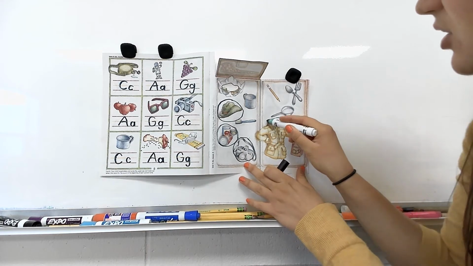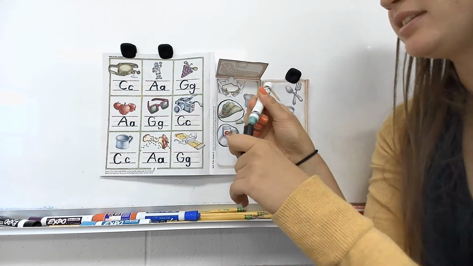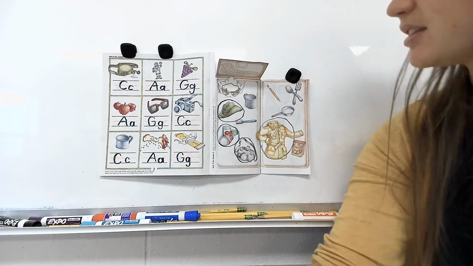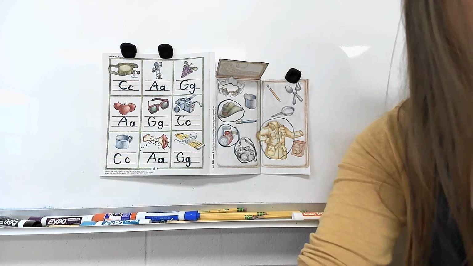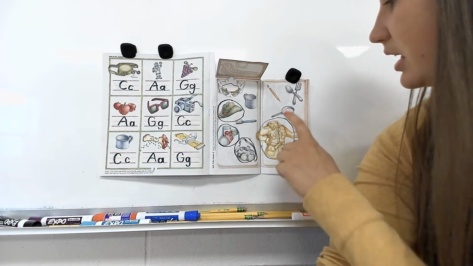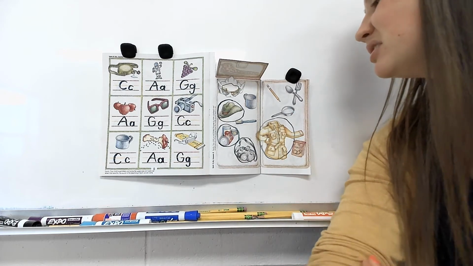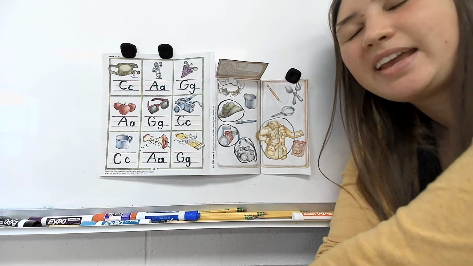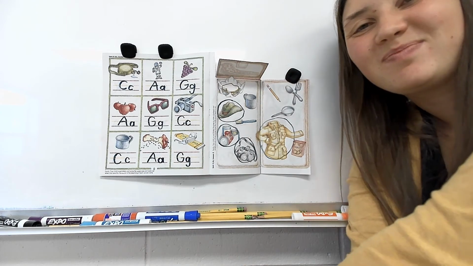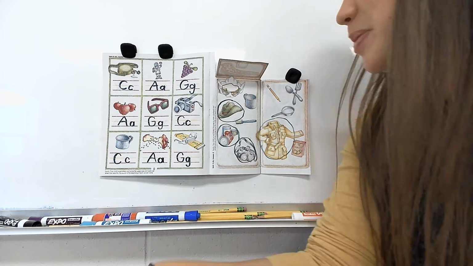Let's go ahead and circle the jacket. Very nice. What else does he have? He has a lot of stuff in his backpack. Oh my goodness. He has a pan. Pan. Do you hear the middle sound of A in pan? Do you hear an A? Yeah, you do. Pan.